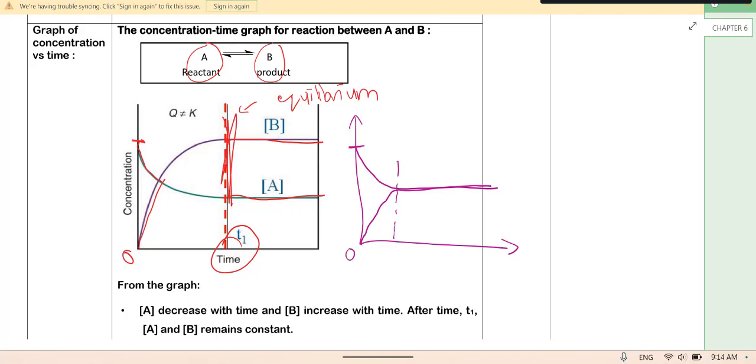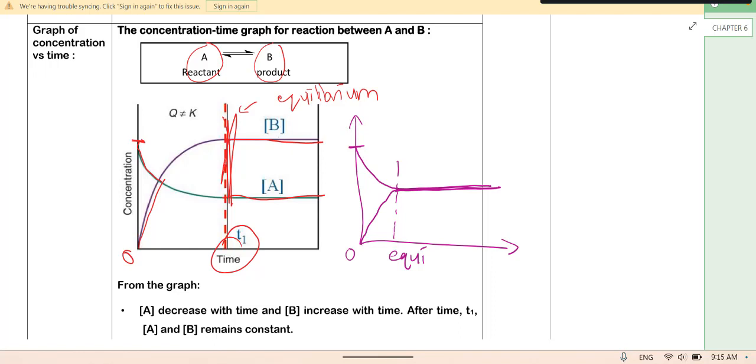This is where the reaction has achieved equilibrium. At equilibrium, the concentrations of reactant and product are constant, but in this case they are similar, accidentally similar. So we will have this graph.